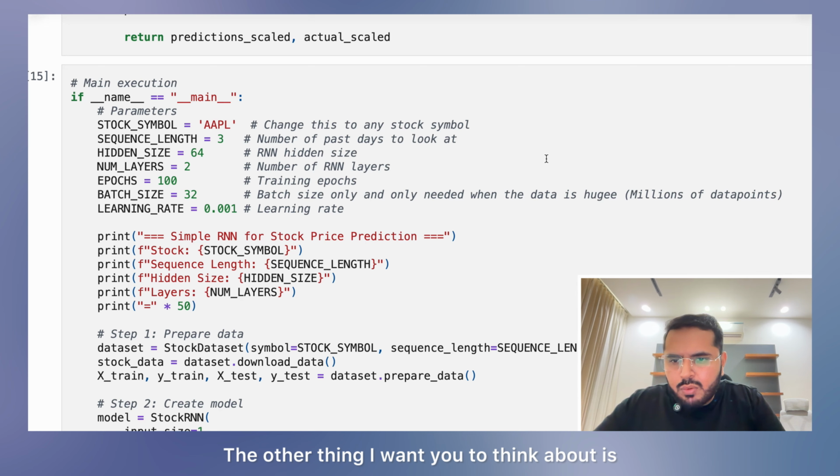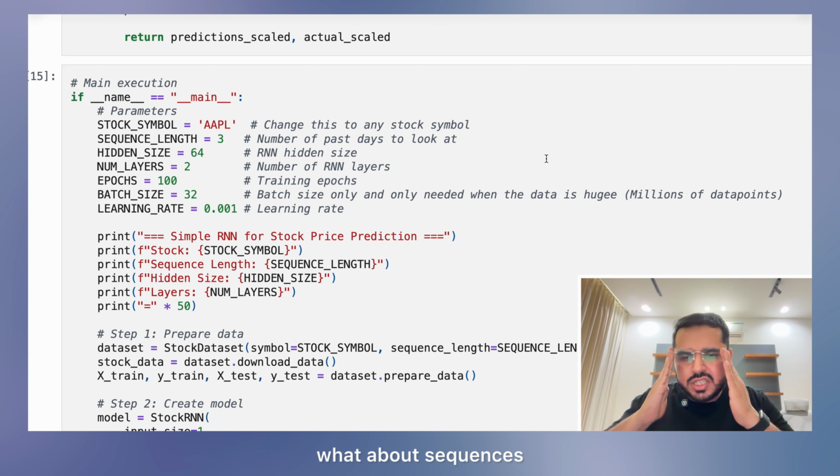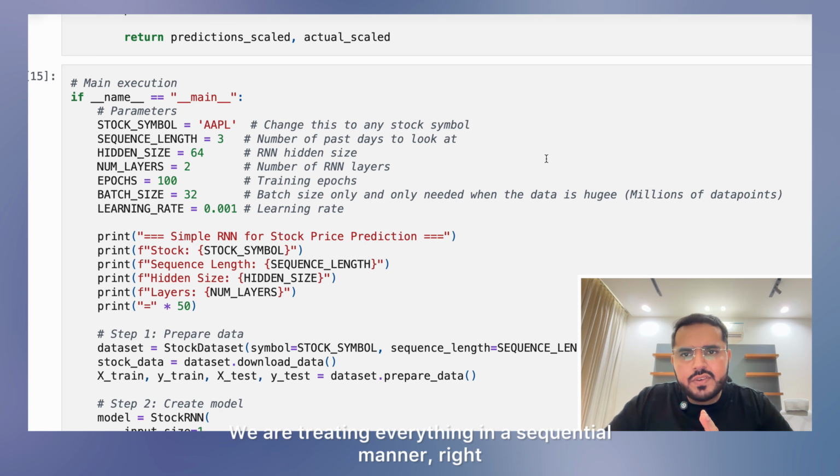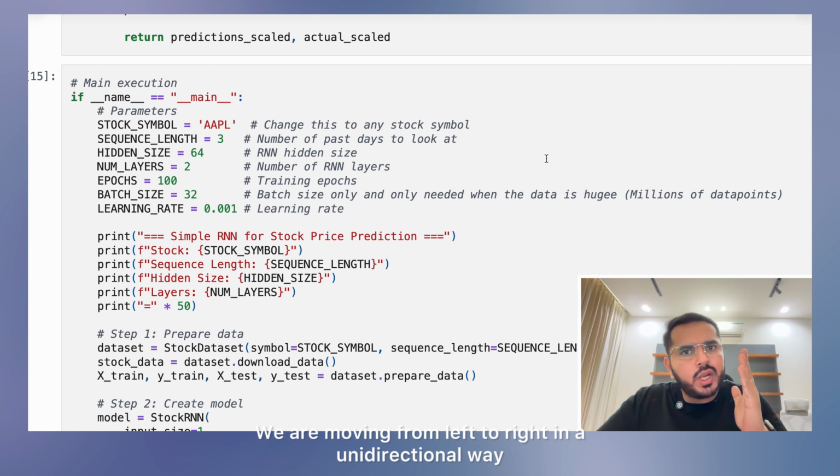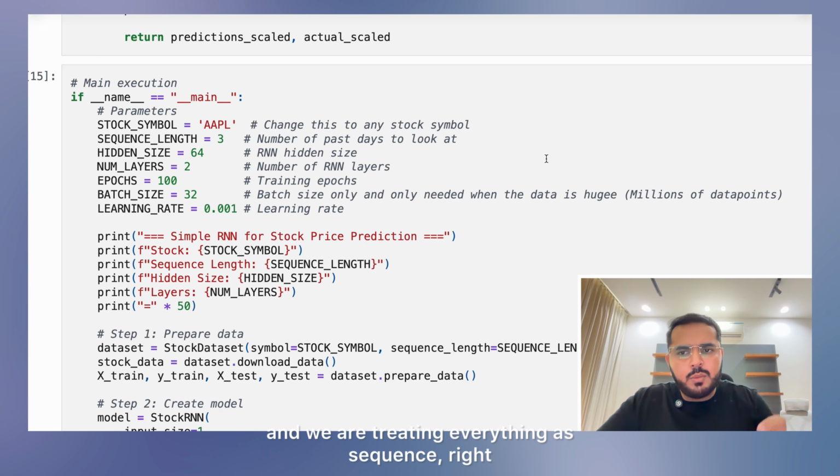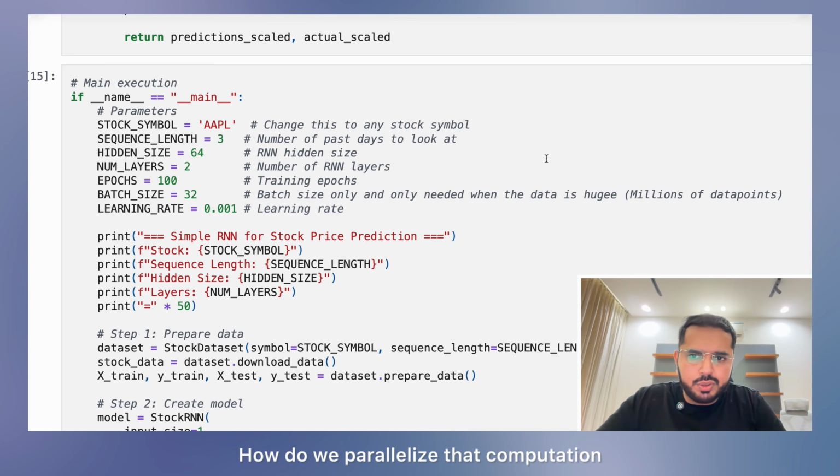The other thing I want you to think about is, what about sequences? We are treating everything in a sequential manner, moving from left to right in a unidirectional way, and treating everything as a sequence, right? How do we parallelize that computation?